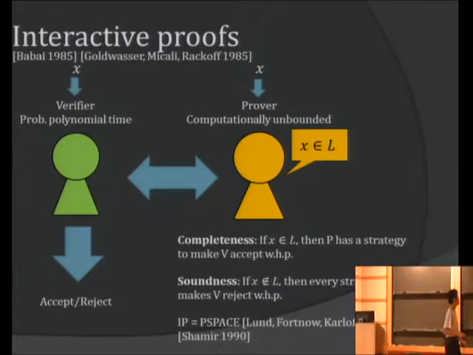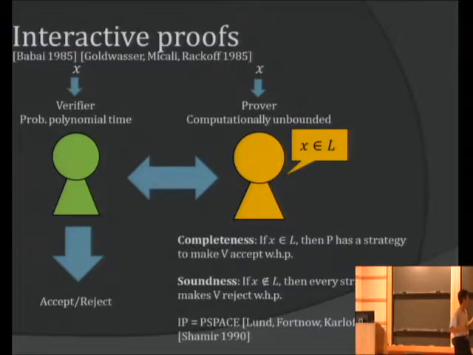To model that, we allow any computation to a party called the prover who provides proof, and we are only concerned with the complexity of the verifier who has to distinguish the case where the prover is making the correct claim and the prover is making a false claim.